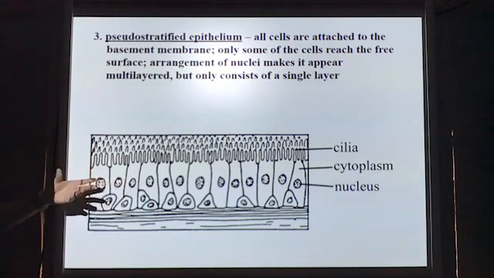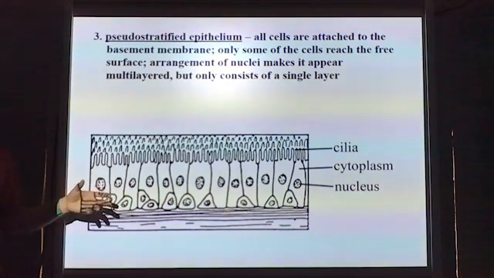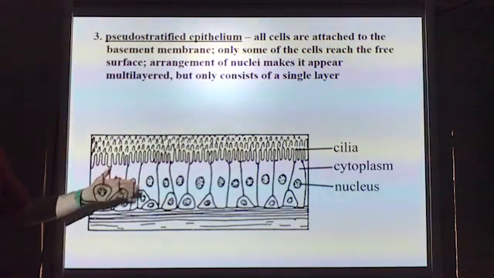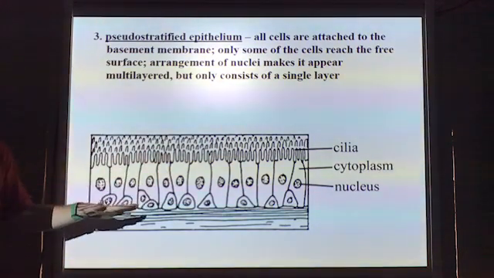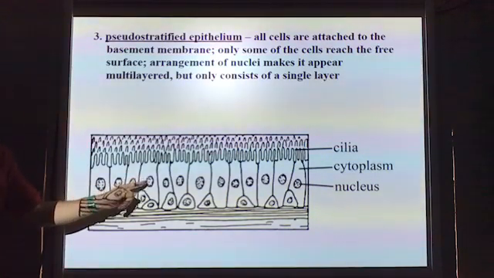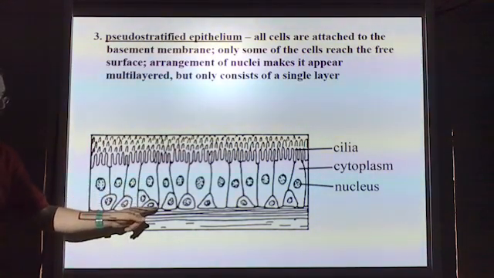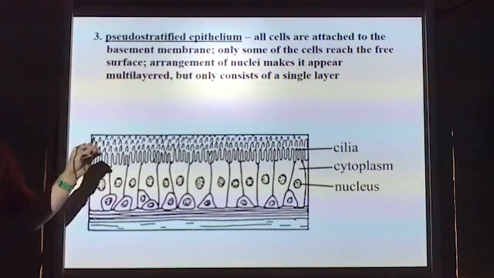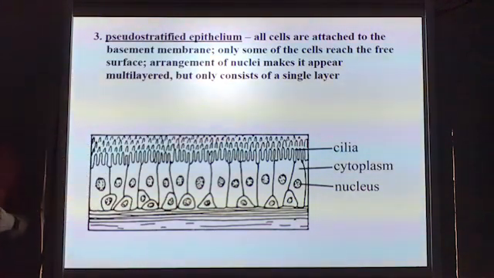We'll look at some pictures later on of what it looks like underneath a microscope, and they're all everywhere. They're up and down and all over the place, and it makes you think it's stratified, but if we follow every one of them back down to the basement membrane, we can tell they're all connected there. So they're fake stratified, pseudo-stratified. Okay, so those are the 3 different names.